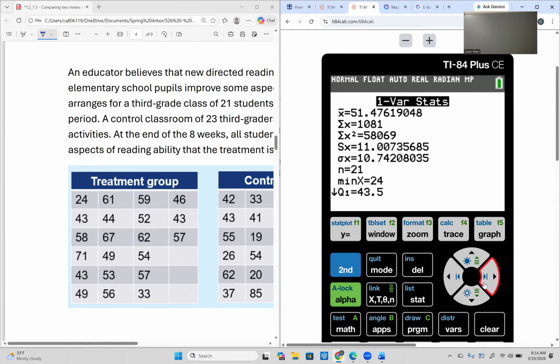And then remember back from chapter 1, it gives us two different standard deviations. Which one do we care about? The capital S or the sigma?